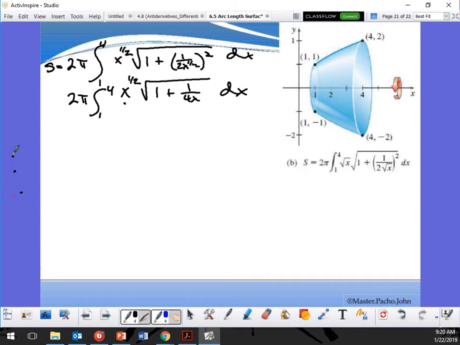Okay, so serious question. Isn't this what happens when you multiply a square root, like let's say the square root of 2 times the square root of 5?